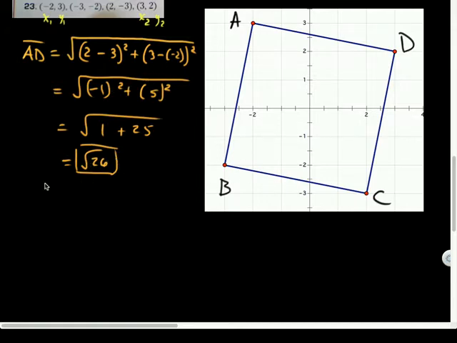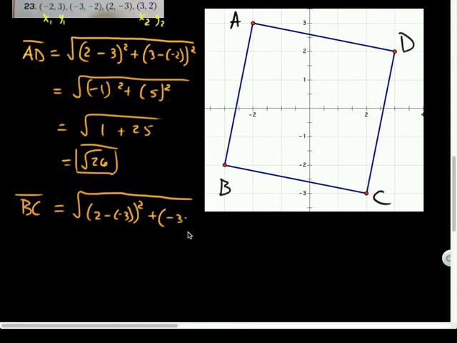Let's now find the length of BC, and hopefully these are the same, that's my goal here. So for BC, I'll have the square root of 2 minus negative 3. Definitely has the potential for dyslexia here, mixing up these numbers. Plus the y's, negative 3 minus a negative 2.